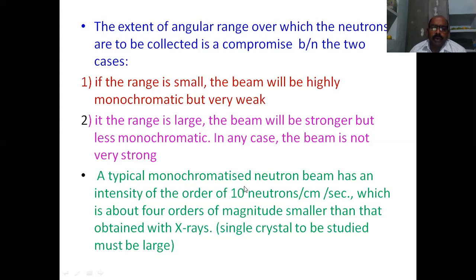A typical monochromatized neutron beam has an intensity of the order of 10 neutrons per centimeter per second, which is about 4 orders of magnitude smaller than that obtained with X-rays. Because of this, the single crystal to be studied must be large.